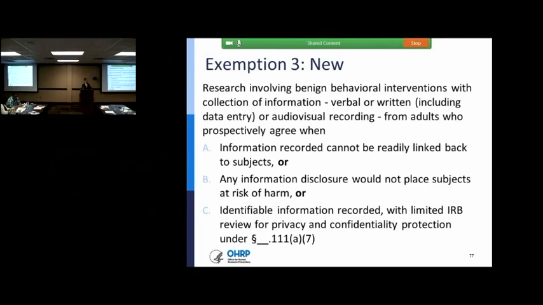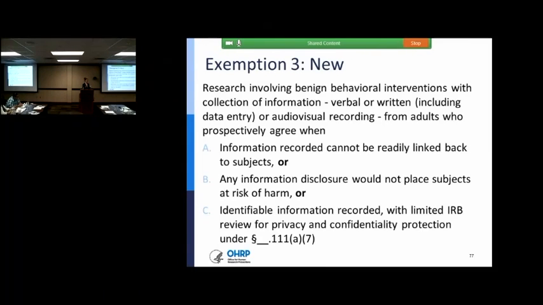The reason that I read the top part word for word is because there's actually a lot packed into those words. Federal regulations are often really good at packing a lot of information in a very small space. So benign behavioral interventions, strictly behavioral interventions, nothing medical, and the methods of collection that are laid out here, verbal or written or audiovisual recording.